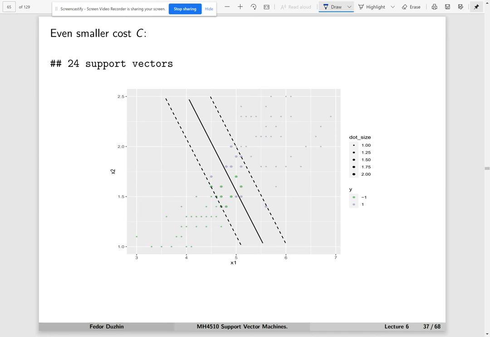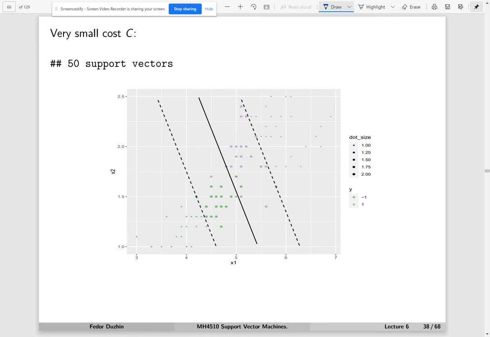Outside of the margins, everything is classified correctly in the training set. But within the margins, we allow misclassification. So smaller cost, more support vectors. This is a very small cost, and now it means that our classifier is very forgiving to misclassification. So we have 50 support vectors, which is basically half of our data.